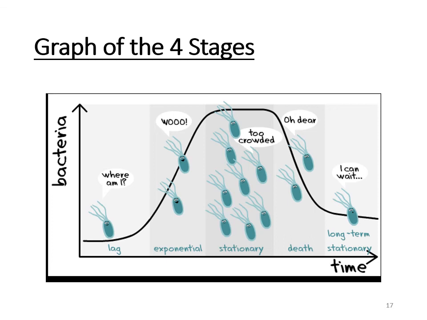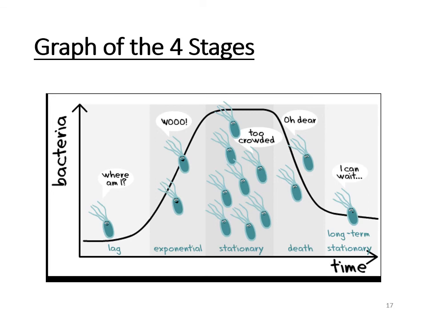And then as they start to die off more than they replicate, you notice you get the plummeting curve, which is the death phase. Okay, so now the cell death rate is greater than cell division. And that's because they've used up their nutrients. Okay, they've used up the nutrients. There are too many wastes built up and too many bacteria there.